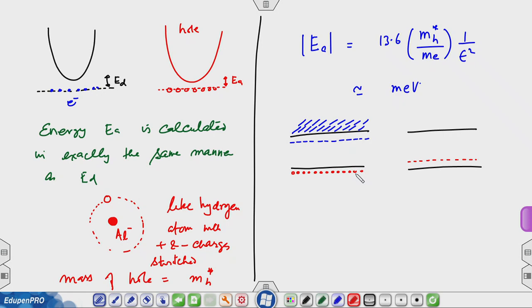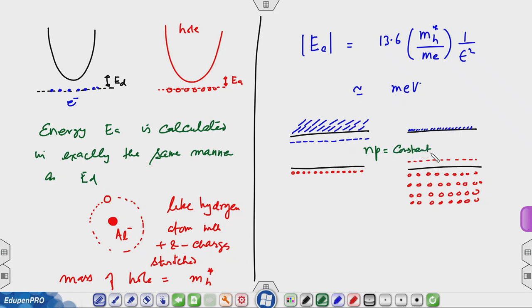In the case of acceptor, you will have many holes here, but the number of electrons will go down. Why? Because n p is constant.